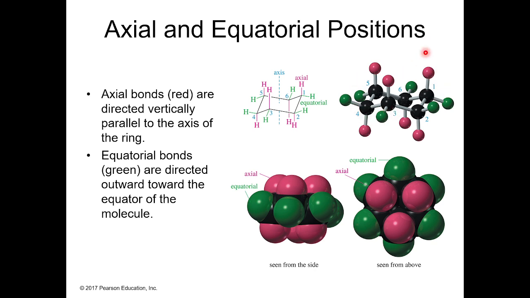So the equatorial point outwards along the equator, and they end up more spread out because they don't have as much overlap. The axial point upwards along the axis, in the same direction your axis does. That's these right here.